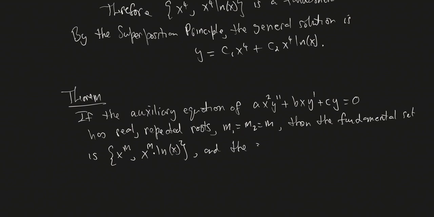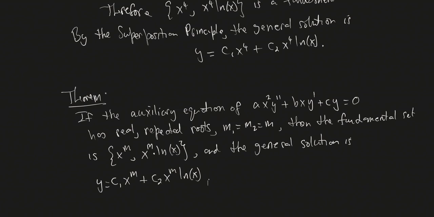And the general solution, as we've gotten so accustomed to using that superposition principle, is y equals c1 x to the m plus c2 x to the m times the natural log of x. All right.